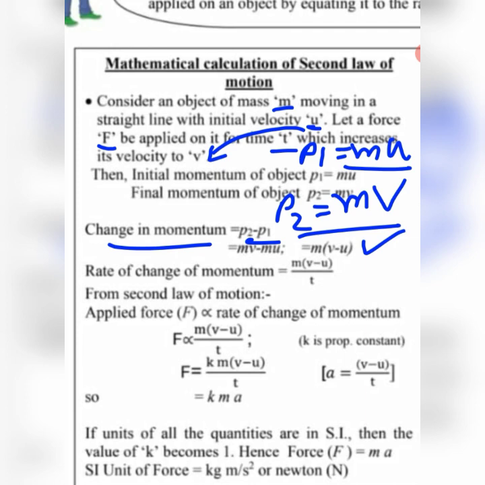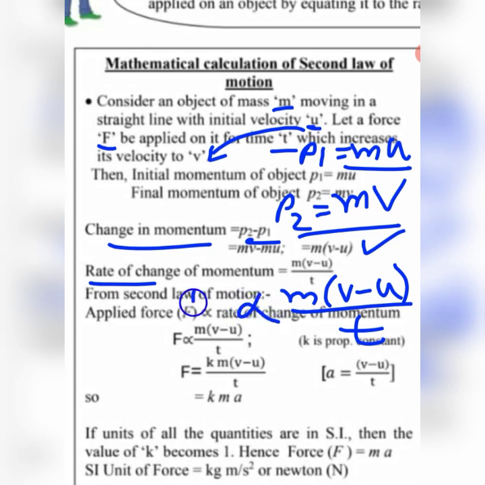In both P1 and P2, m is common, so we take m outside the bracket: m(v minus u). This is the change in momentum, and if we want the rate of change, it is to be divided by time. This rate of change of momentum is directly proportional to the force applied, according to the second law of motion.